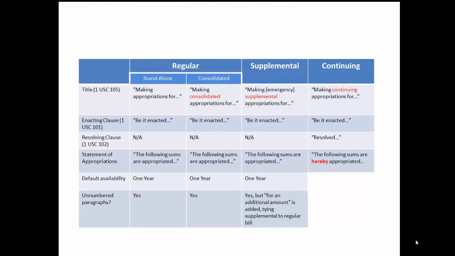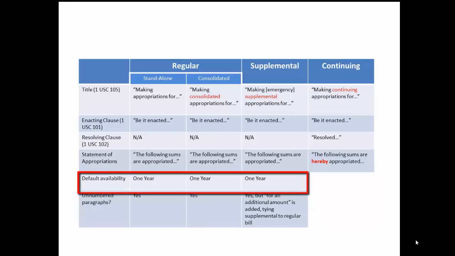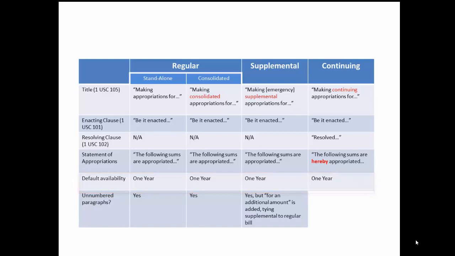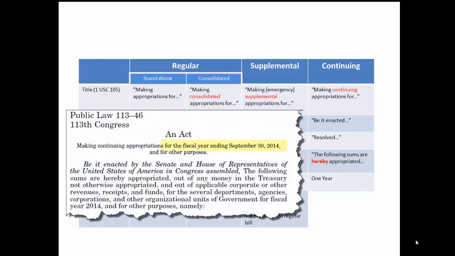We also learned in Module 1 that the default availability of funds in regular and supplemental appropriations is 1 year. The same goes for CRs. The titles include the same 4 fiscal year language as regular appropriations.